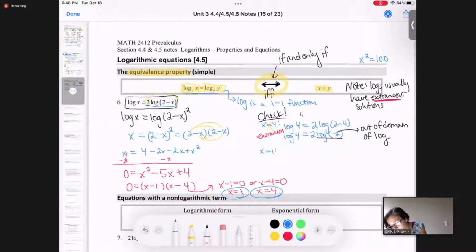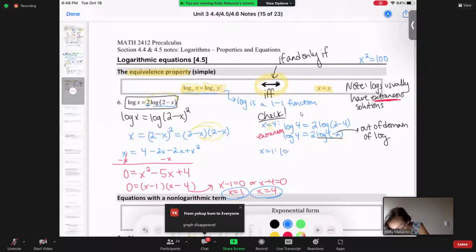But let's check 1. Hopefully 1 works, because otherwise we don't have any answers. So we have 1 equals 2 log of 2 minus 1.